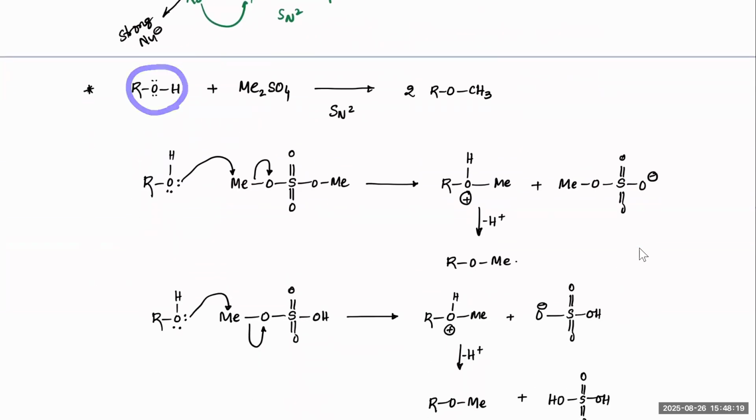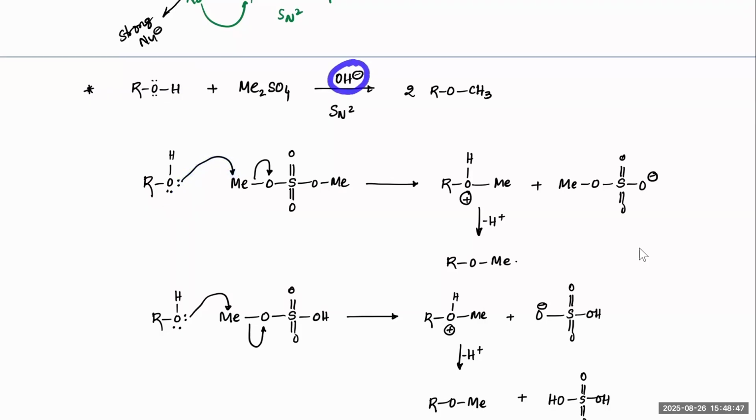The same type of reaction can be achieved even when you have sulfate esters. Suppose this is a methyl sulfate ester, so instead of these two hydrogens, here we have methyl groups. If you use a small amount of OH minus, this OH minus can take this H plus and convert the alcohol into an alkoxide, and the alkoxide can attack.